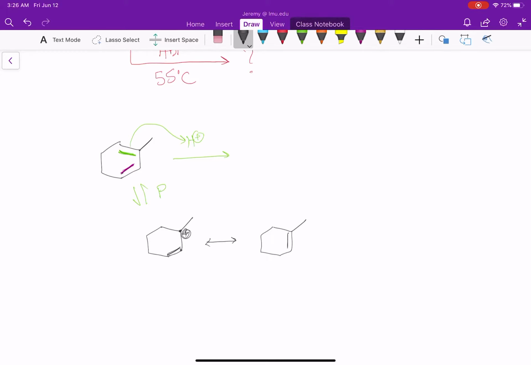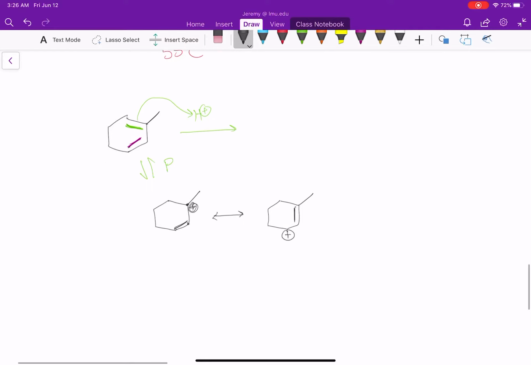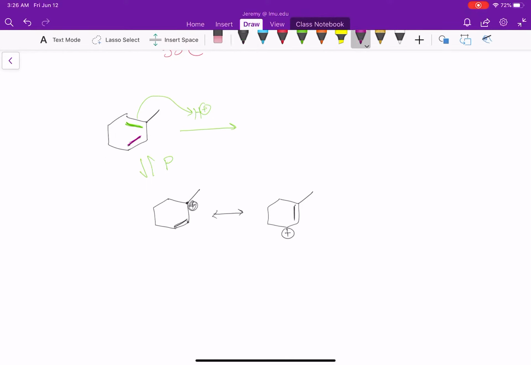Because then we can draw the resonance structure here, and those are the two resonance structures we can draw if we follow the green path. So the first thing we do is protonate one alkene, which I did in green, and draw both resonance structures.